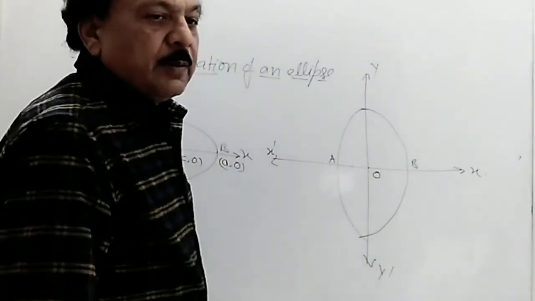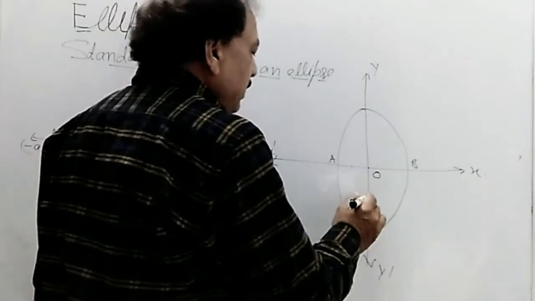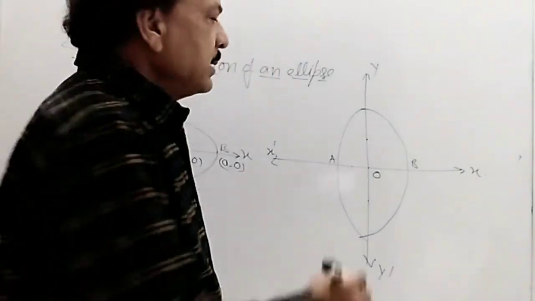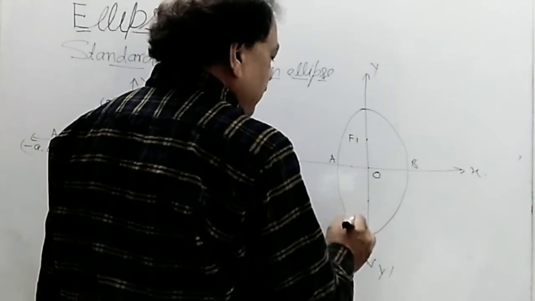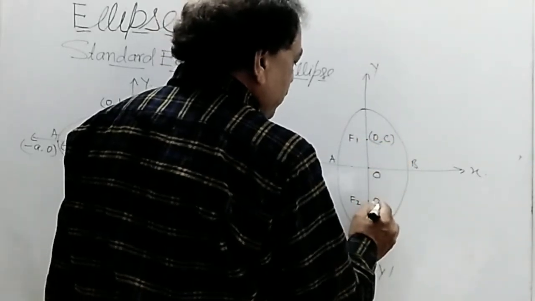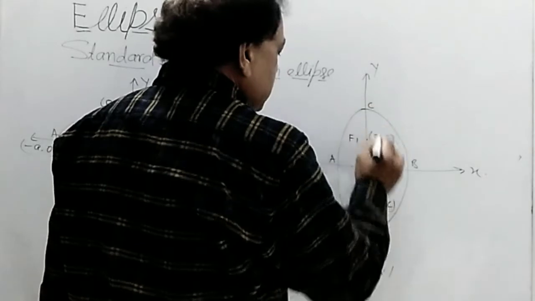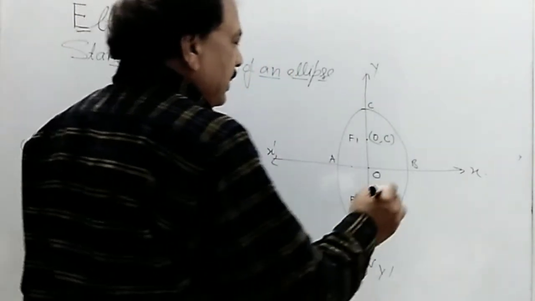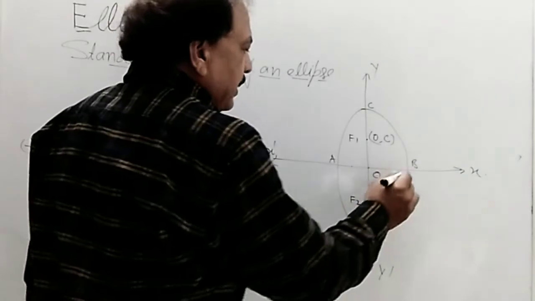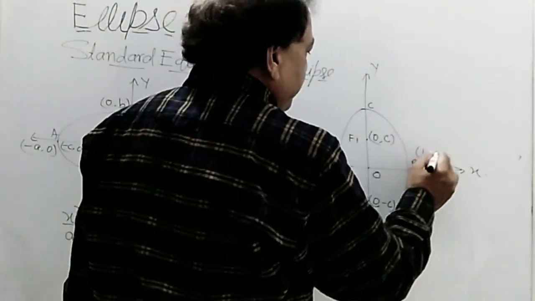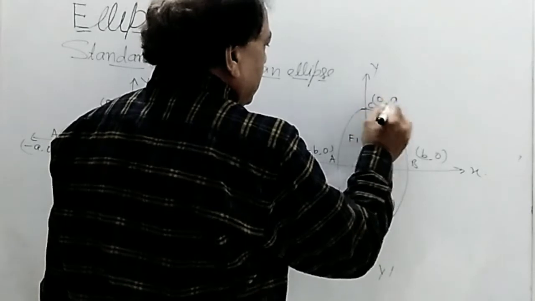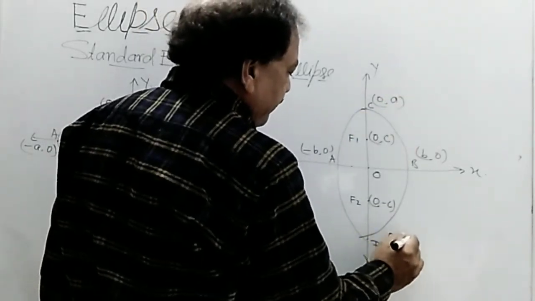The focus is on the y-axis, this is F1 and F2, here is (0, c) and (0, -c), and the vertices are here. This will be (b, 0) and (-b, 0), and this will be (0, a) and (0, -a).